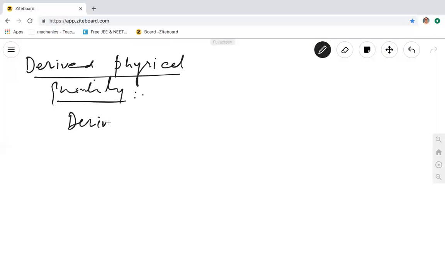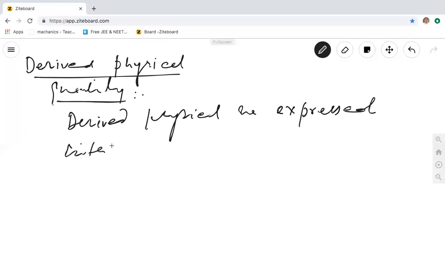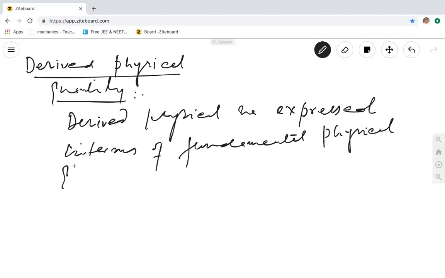Derived physical quantities are expressed in terms of fundamental physical quantities through their definitions.